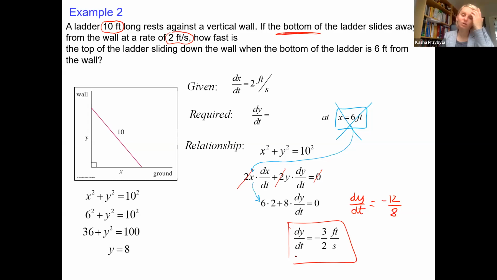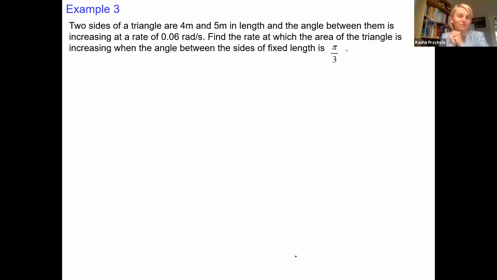Okay, let's solve a few more. Example number 3. Two sides of a triangle are 4 meters and 5 meters in length, and the angle between them is increasing at the rate of 0.06 radians per second.